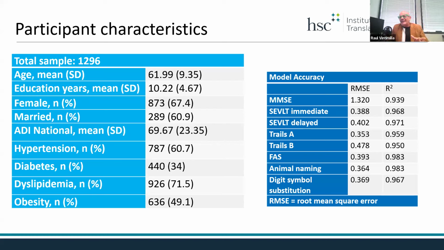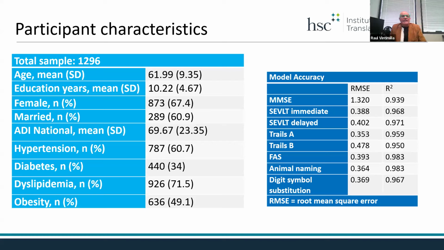Also, we have a mean age of 60, but really, 1,200 participants in this sample were 50 and above. We just have 100 participants that are 30 to 50. Another thing that's very important to understand the cohort is that look at that 70%, the mean of the ADI.